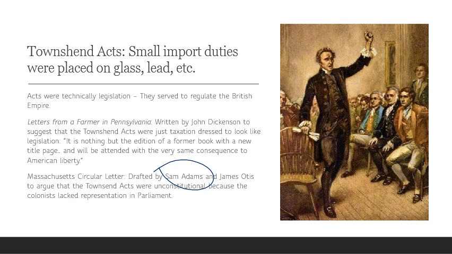Like they're separated by this huge ocean. And they even go as far as saying if somebody was elected to Parliament in the colonies and went to Britain to serve, they still wouldn't be adequate representation because they would be so far removed from what the people actually wanted and needed.